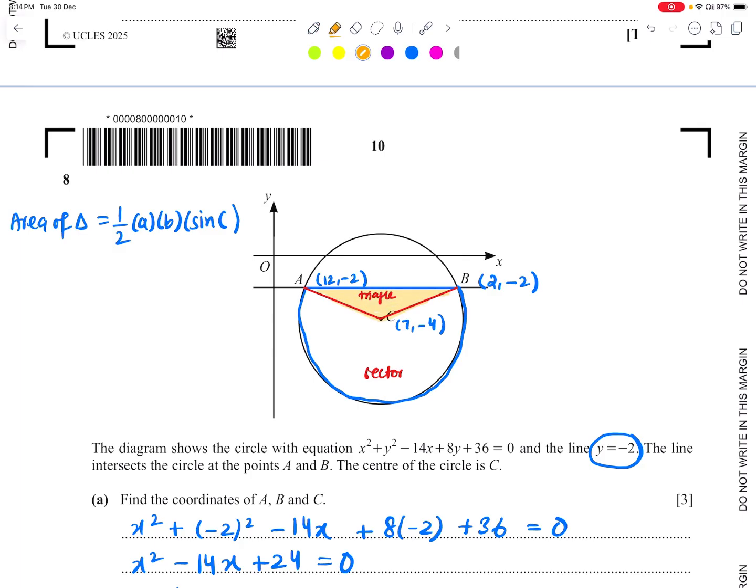Now, you can use multiple formulas to figure this out. You can use this formula that I've written down over here. You can also use area of triangle is equal to 1 over 2 base into height, which I think is going to be easier in this case. Actually, it's not.